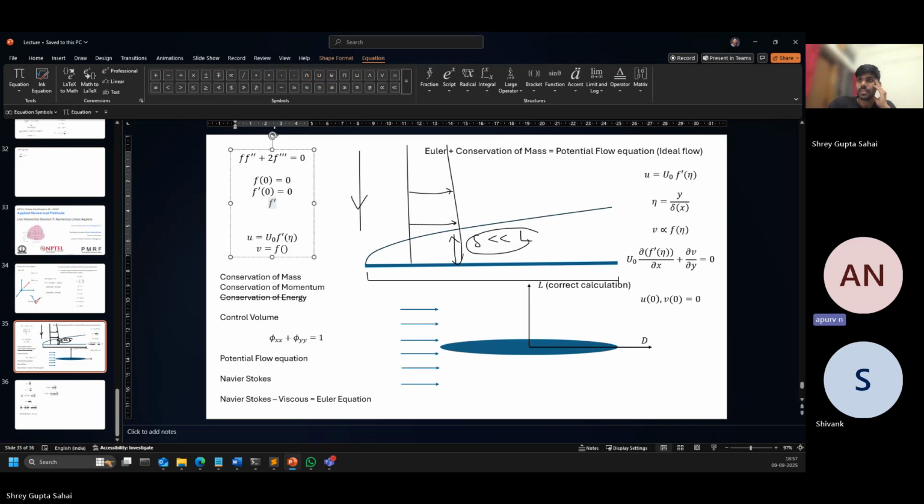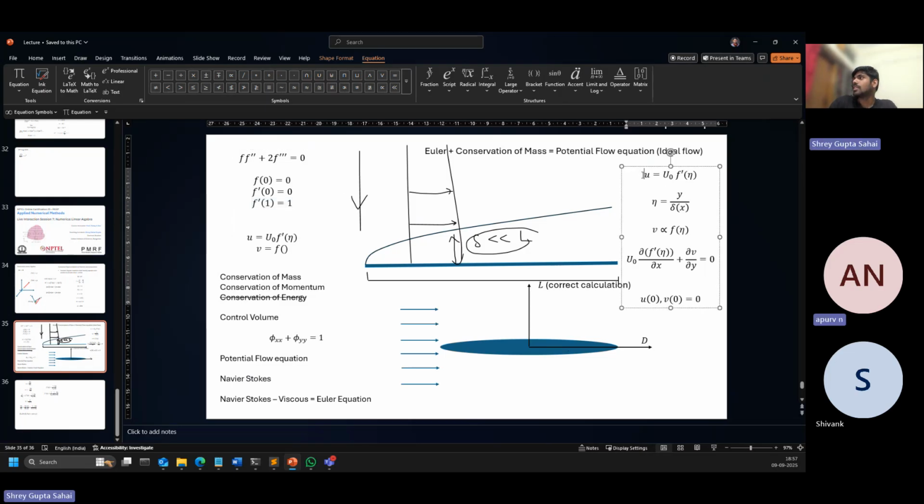So f dash of 1, you said delta, right? F dash of 1 will be what? Is that correct? F dash of 1 is 1. Just look at this equation. It will be one. Makes sense?